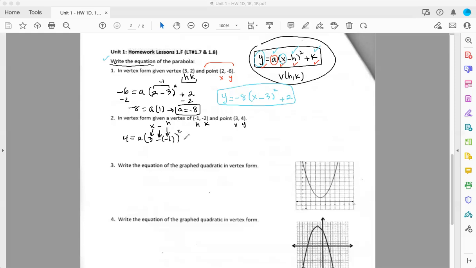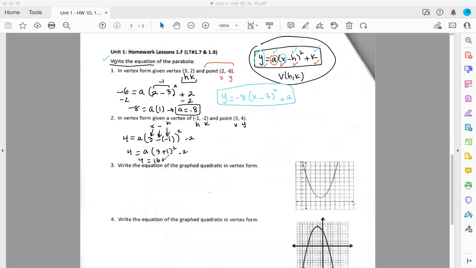And then plus k, what is plus k? Plus k is like saying plus minus 2. So plus minus 2 is the same as -2. So now we get 4 equals a multiplied by 3 minus -1. That's 3 plus 1 squared, and then minus 2. So this becomes 4 equals 3 plus 1 is 4, 4 squared is 16.